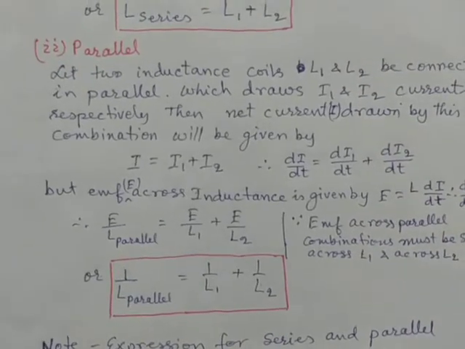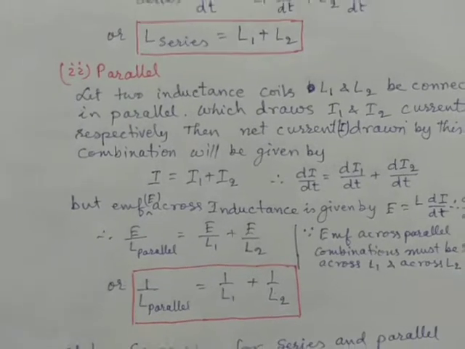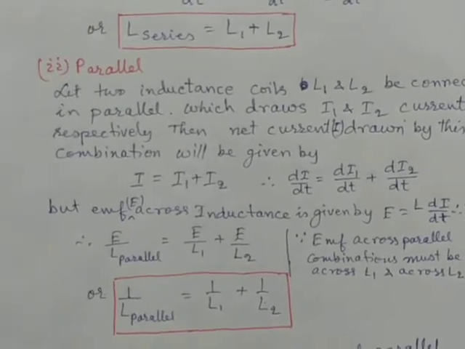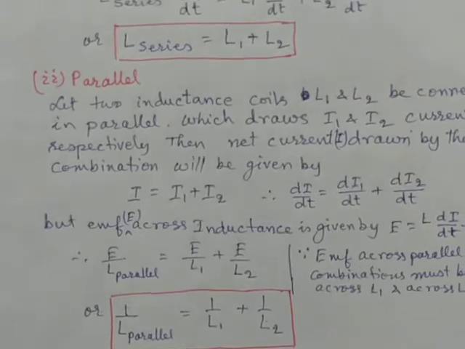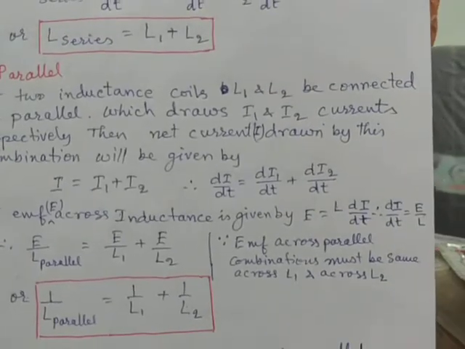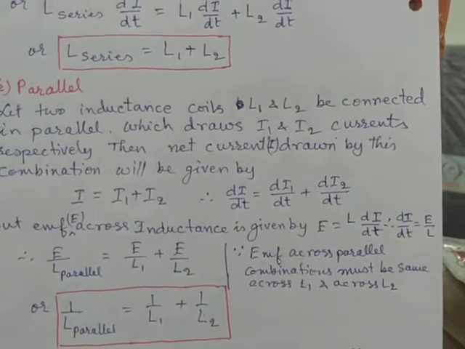Now in the same fashion, when we take inductance coils in parallel, we have total current drawn equal to the sum of individual currents drawn by the two coils, and also we know that E is equal to L di by dt.